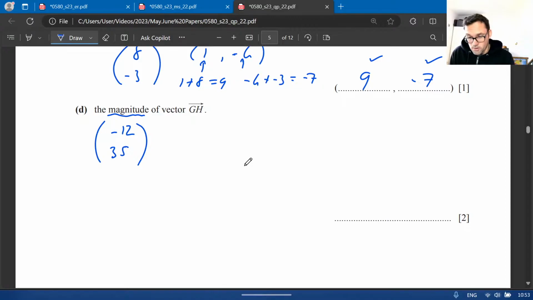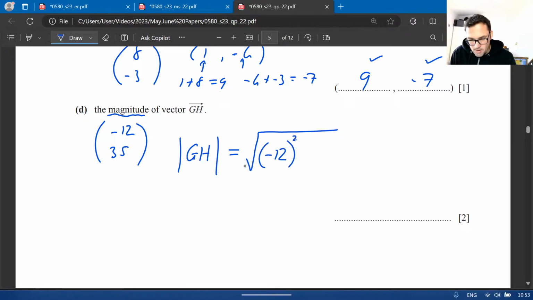All you need to know is if you want to find the magnitude of GH, which we indicated like this because it's always a positive number, we need to do the square root of the two values squared added together. Of course, it's Pythagoras. Okay, now there's a minus 12. Put it in brackets.